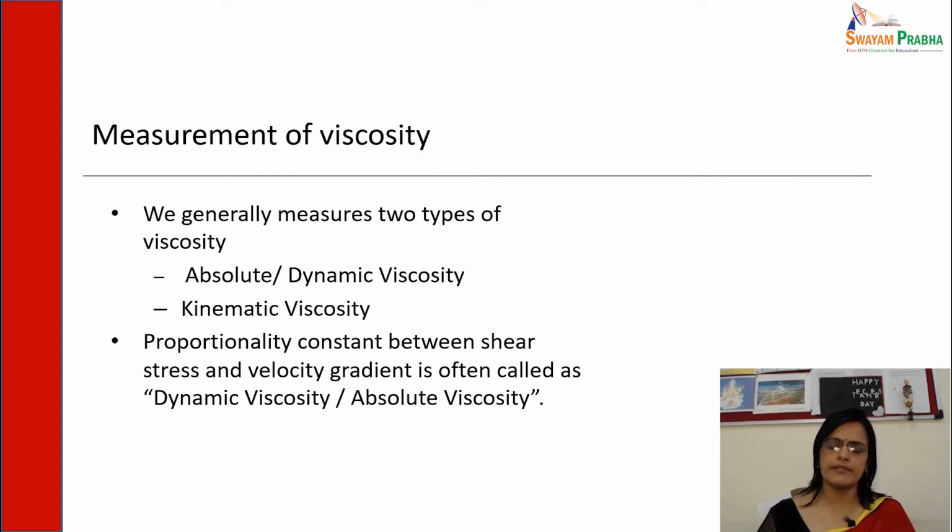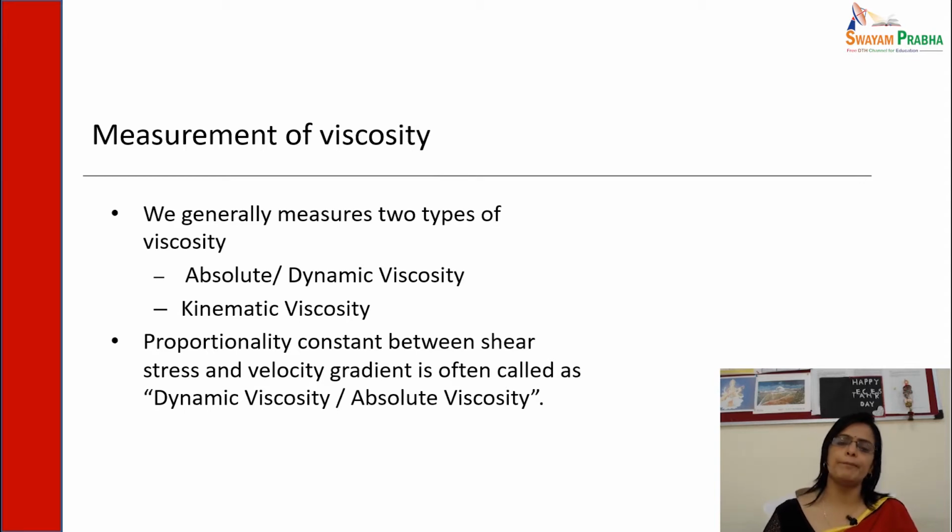Measurement of viscosity. Dear students, you might be knowing this already, but as we are talking about rheology and viscosity, I will mention it a little here. Generally we measure two types of viscosity: absolute or dynamic viscosity and kinematic viscosity.